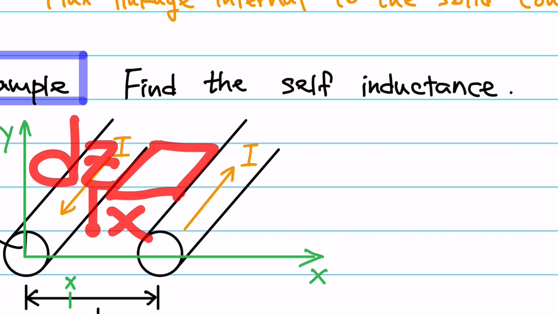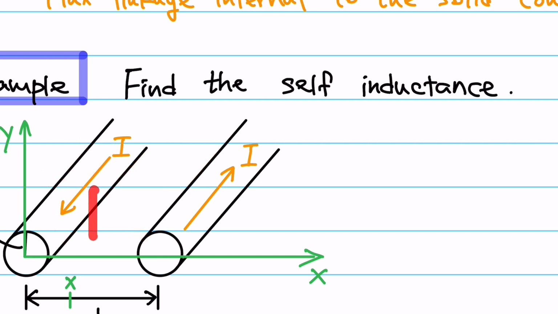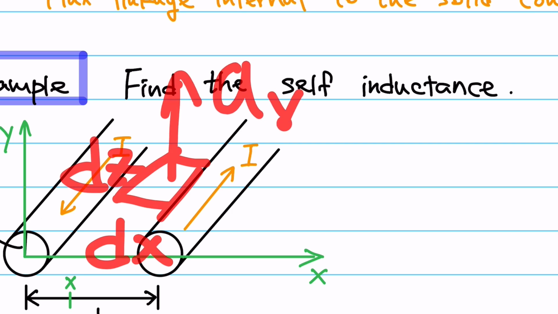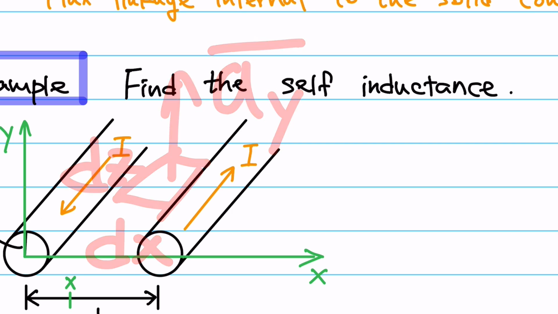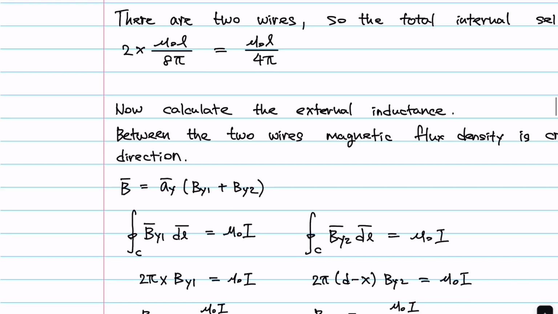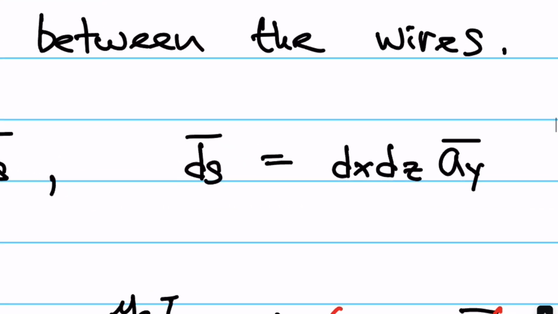So you have to multiply dx and dz. Okay, but the normal vector will be in the ay direction. So that's your differential surface vector. So that is shown here, dx, dz, and ay.